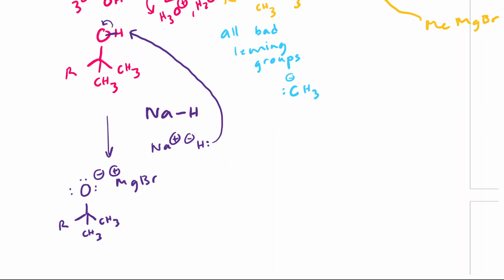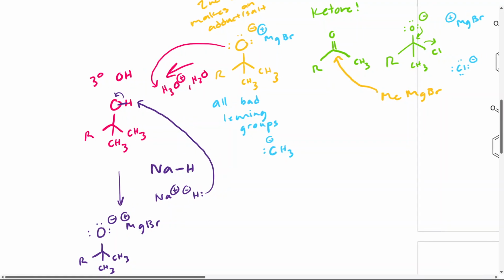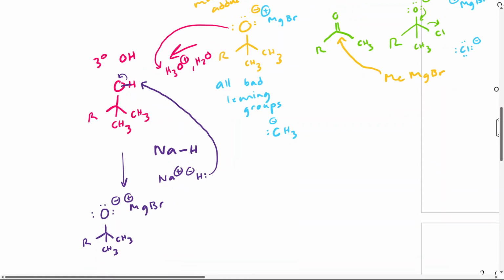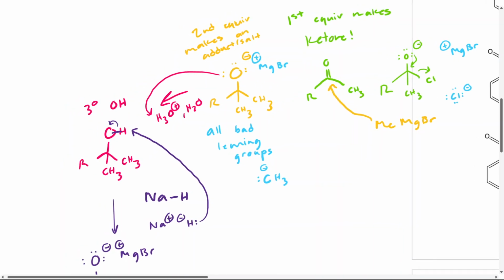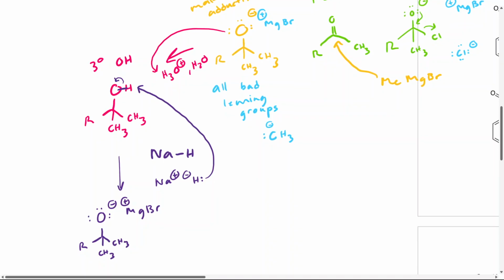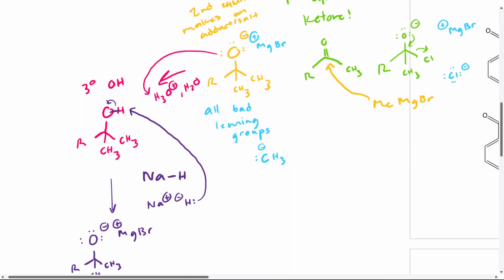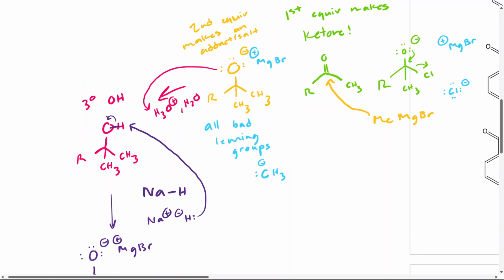And we kind of just undid our acidic workup. But I think we also do it just to stabilize things. If it makes sense, if you're in your lab, you would purify your Grignard product.